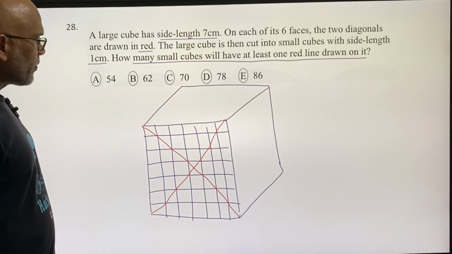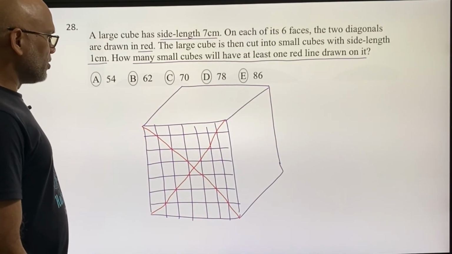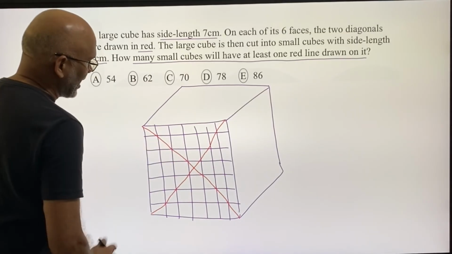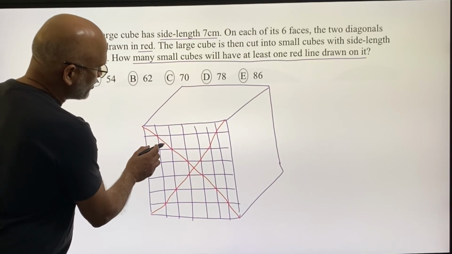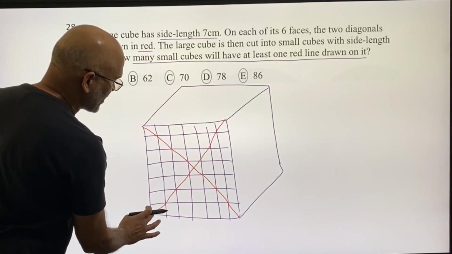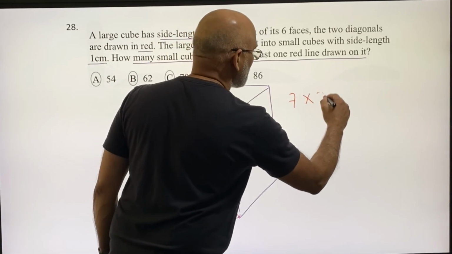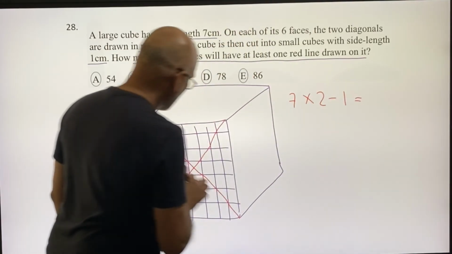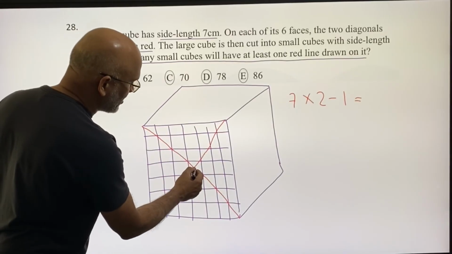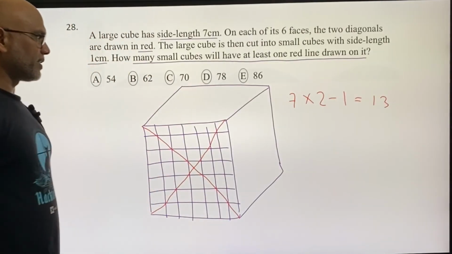Okay. Now, after I cut this into the smaller cubes, if I just look at this face, I have 7 for this diagonal, and 7 more for this diagonal, but I'm double counting this. So that is 7 times 2 minus 1. So there is 7 this way, there is 7 this way, but I'm double counting this, so minus 1. So this is 13. 13 on one face.